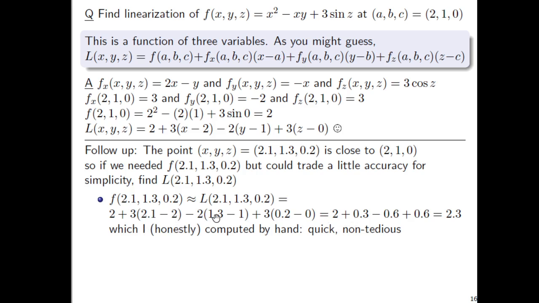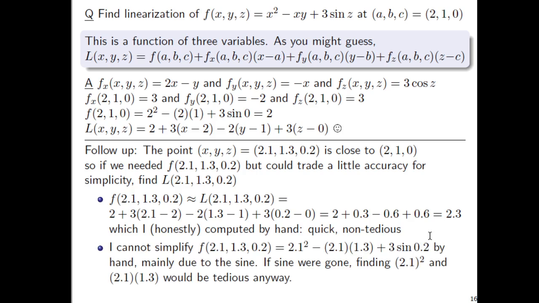And then here in parentheses, 1.3 minus 1 is 0.3, and then 2 times that, so 0.6, and copy the minus sign. And then lastly here, 0.2 minus 0, there's no work to do. 0.2 times 3 is 0.6. And if you look here, negative 0.6 plus 0.6, that's gone, right? So we have 2 plus 0.3, literally 2.3, completely done by hand. There's no need for a calculator in any of the work so far shown on the screen.